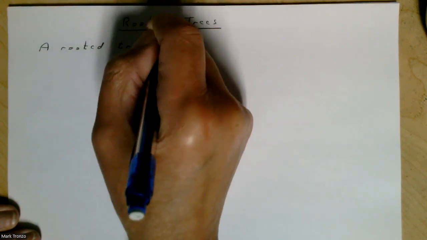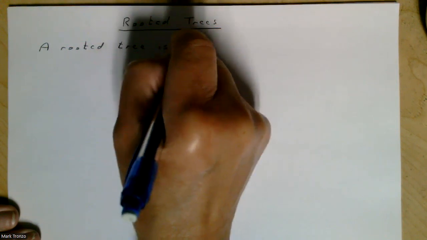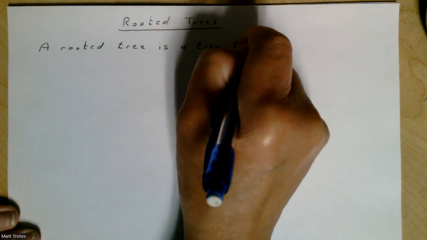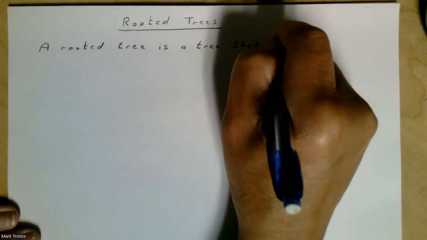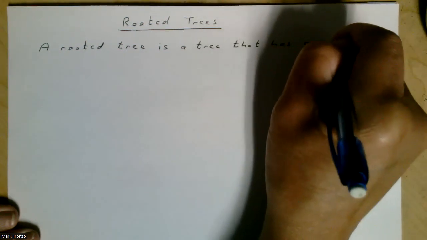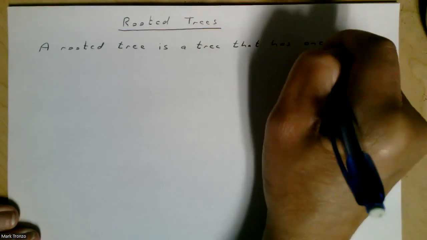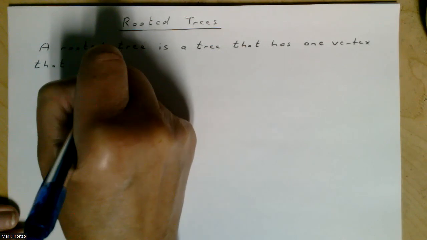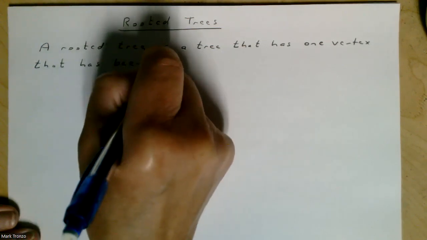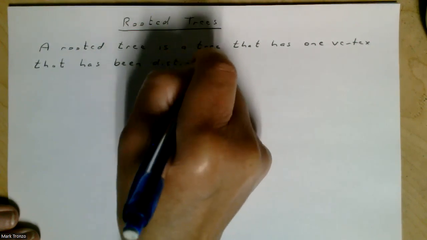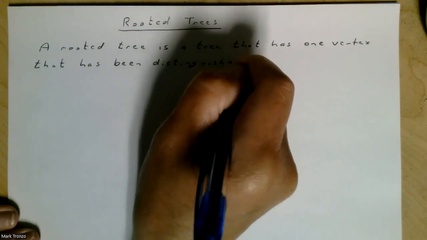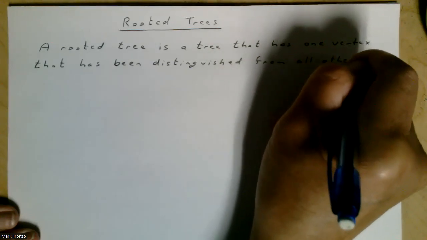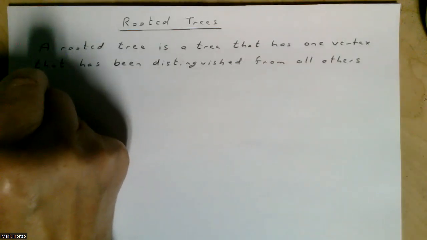A rooted tree is a tree that has one vertex that has been distinguished from all others and is designated the root.